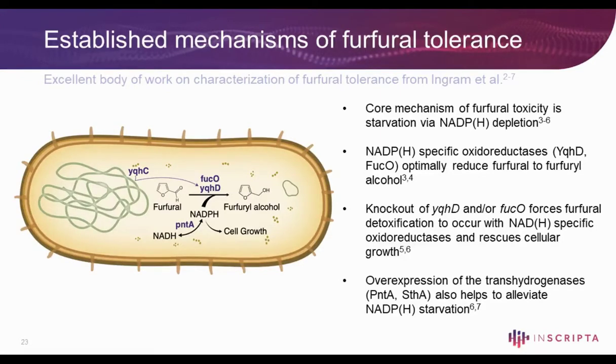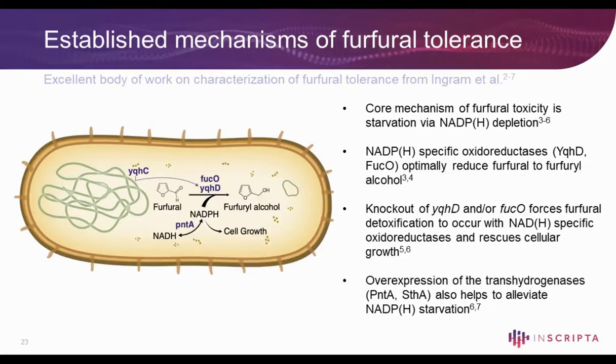It's known that knockout of the gene YQHD, encoding an alcohol dehydrogenase, which is an NADPH-specific oxidoreductase, rescues cellular growth, as the knockout forces Furfural detoxification to occur with NADH-specific oxidoreductases.